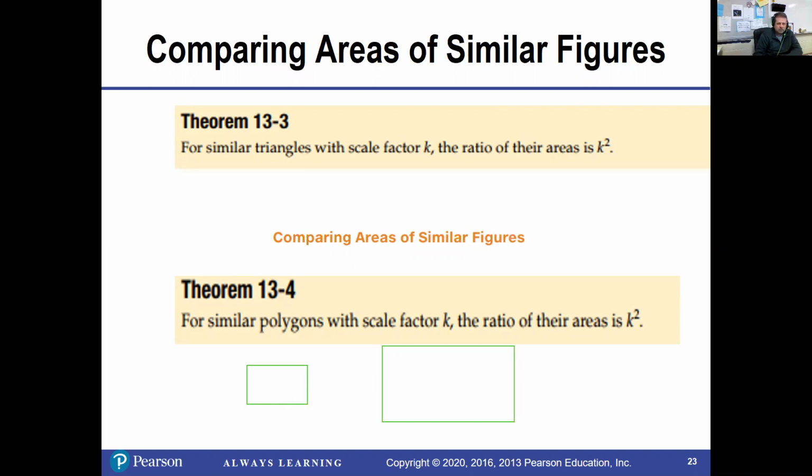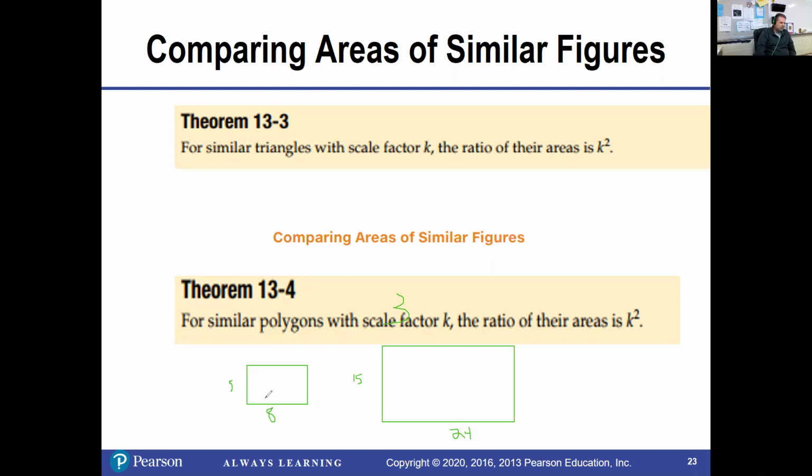We're going to say the two shapes are similar, which, let's say this is 5, and this is 8. And let's just say we're going to multiply by 3. We're going to give it a scale factor of 3. That'd be a 15 and a 24, right? All right. So that's a scale factor of 3.